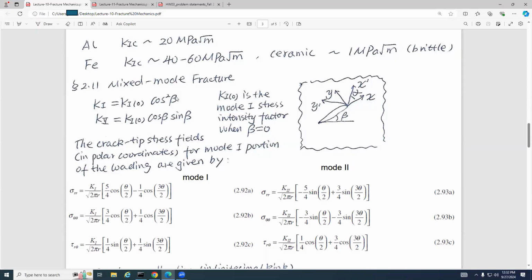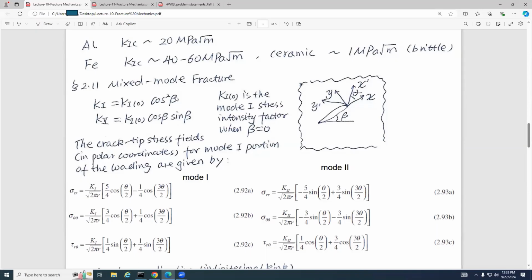So this is the crack tip stress field in polar coordinates for mode 1. The portion of the loading is given here. So these are three stress values. They can be described using K1, where R is the distance between the crack tip and the point of interest, and theta is the orientation.